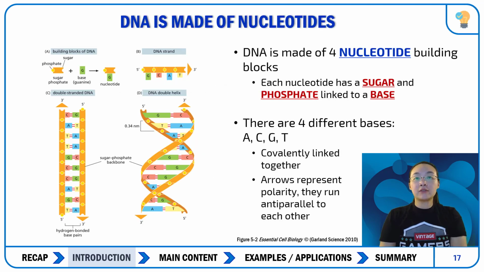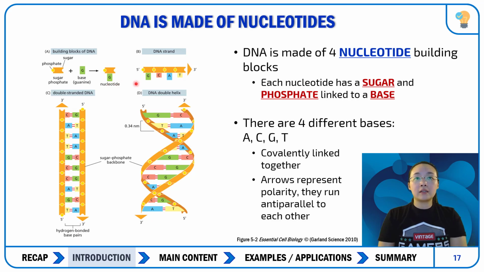So first of all, DNA is made of nucleotides. You're probably very familiar with this already, but DNA is made of 4 nucleotide building blocks. Each nucleotide has a sugar and a phosphate, and that's linked to a base, and that forms a nucleotide. So that nucleotide contains a sugar, a phosphate, and a base.